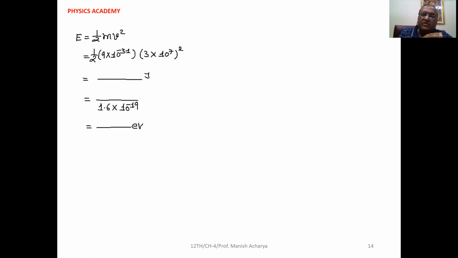But you have to calculate it in terms of electron volt. So divide this answer in terms of joule by 1.6 into 10 raised to minus 19, and you will get energy in electron volt. Clear?